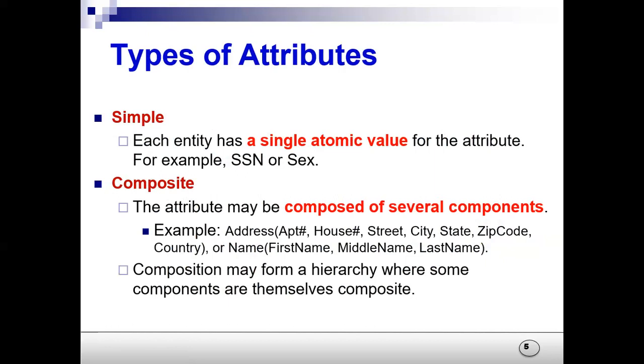The value will obviously be unique and single. Similarly, gender will be either male, female, or transgender. Three types of genders are there, so that is very specific. That is why it contains a single atomic value, and that is why it is known as simple.